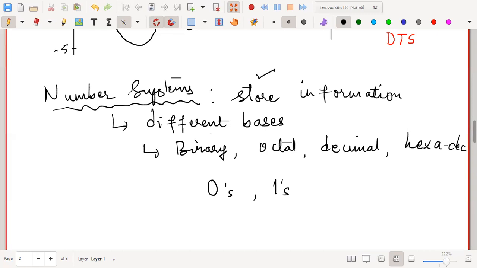We will see this number system in detail. So this is the significance of the number system.